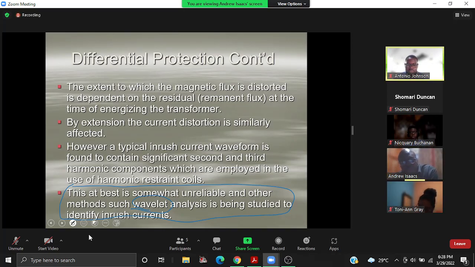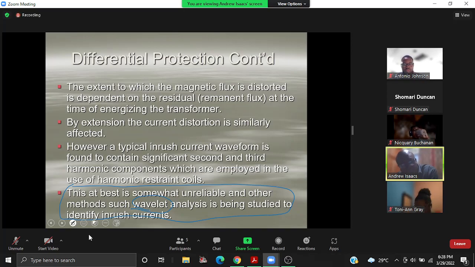Remember what you're trying to do is to determine which input current, which primary current, is a fault current. That's your key focus. So in terms of the wavelets, these would be defined for different types of operation. If it is regular inrush, certain wavelets would define inrush current.